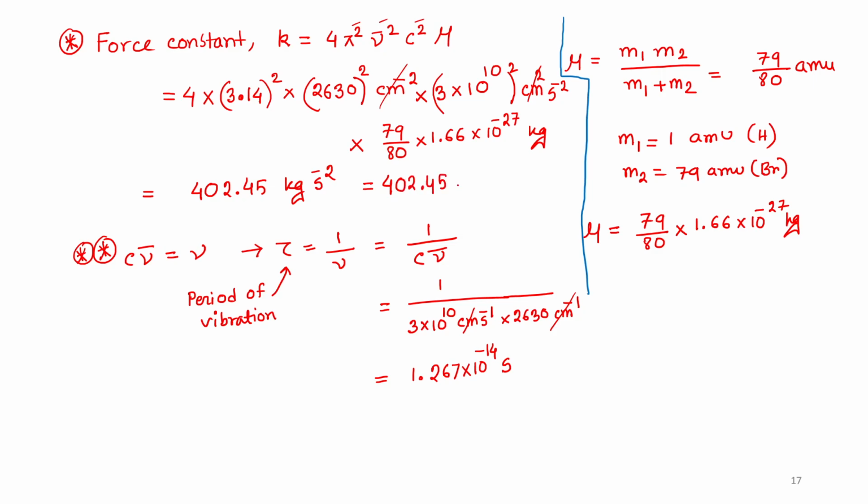402.45, if we multiply, suppose kg meter second minus 2. So I have just multiplied meter here, so I need to remove that also. Now this part is Newton and this part is meter inverse. So another way to write the unit is Newton meter inverse. Okay.